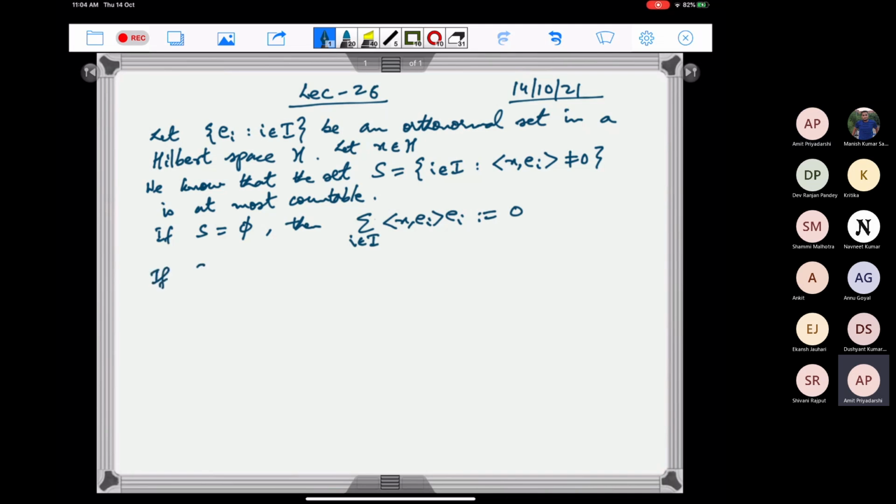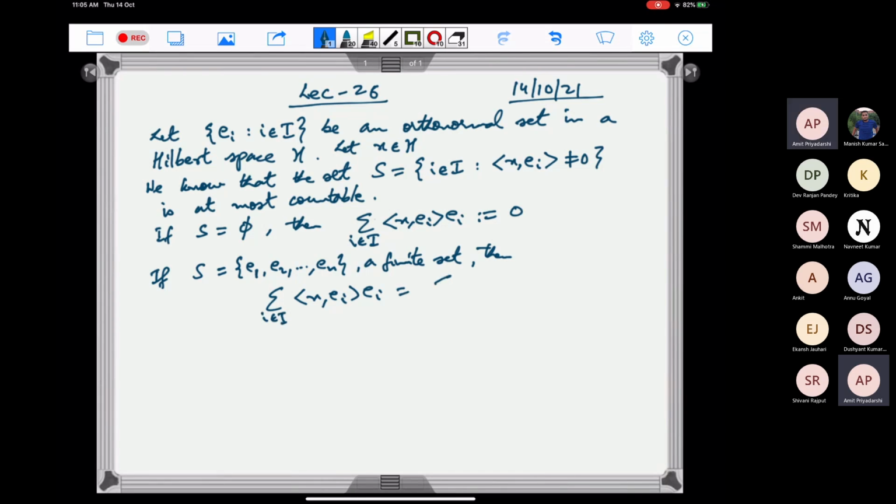And if S is a finite set, let's call that e_1, e_2, ..., e_n, a finite set, then this sum is just the finite sum of (x, e_i)e_i, i equal to 1 to n.